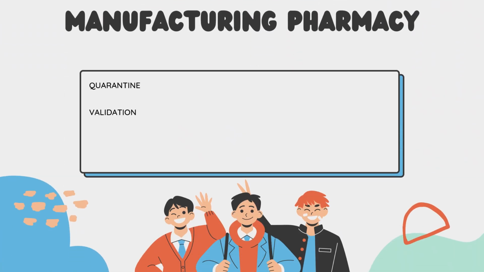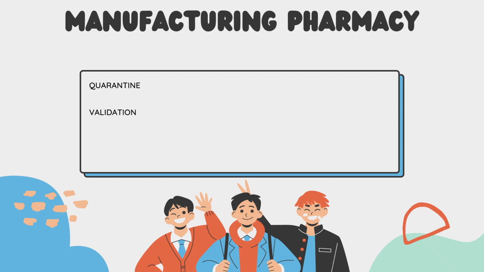First, quarantine. In pharma, quarantine doesn't mean illness. It means controlled segregation. Any material, whether it's raw material, packaging material, or a finished product, is placed under quarantine status if it hasn't been tested yet, QC results are pending, or there's an open deviation or issue.